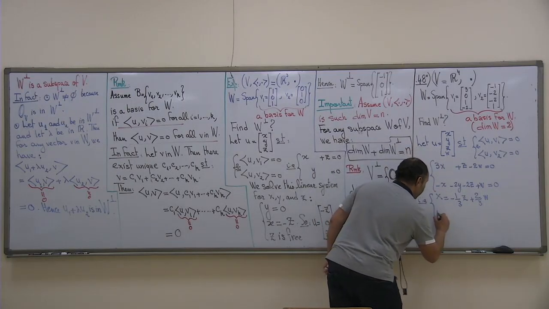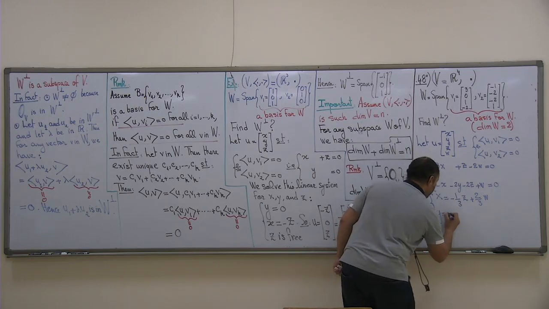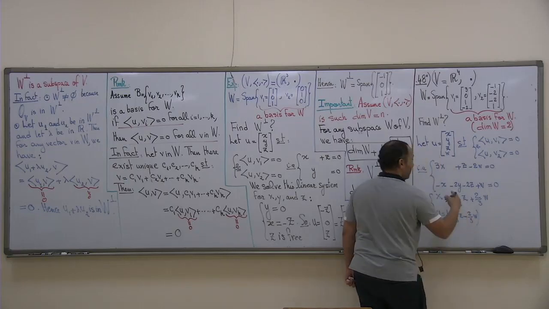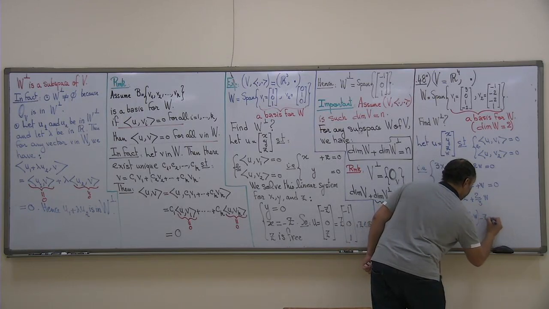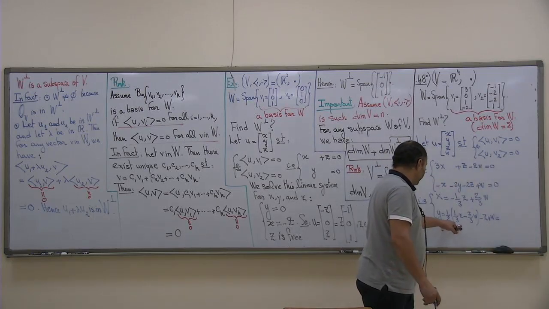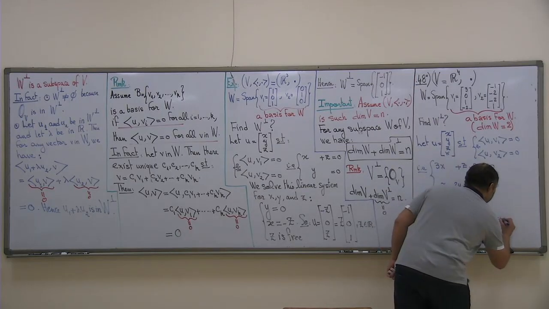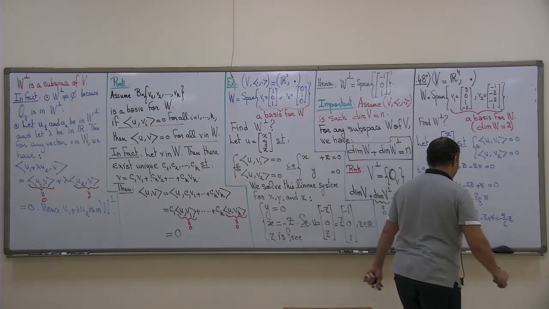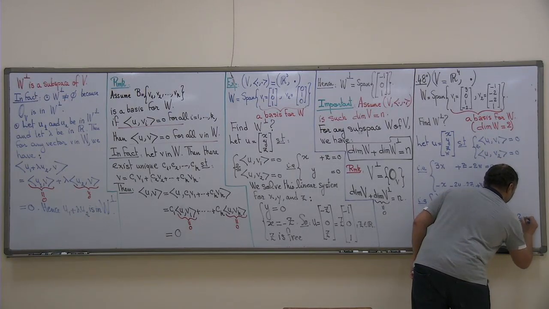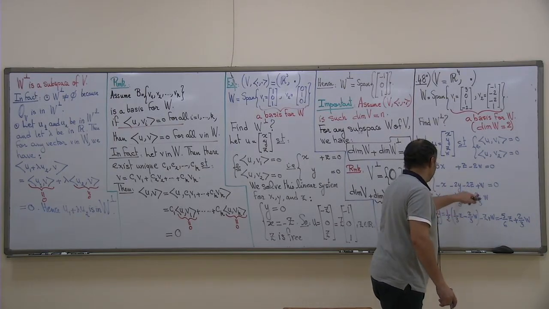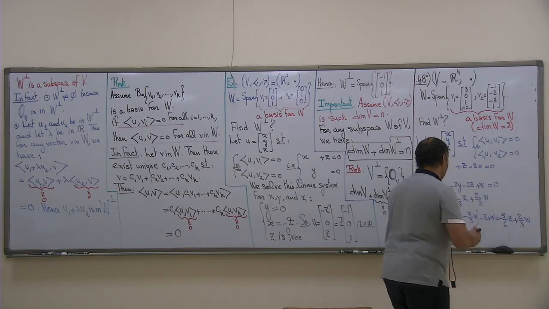That gives me y equals 1/2 times the quantity minus x, which is 1/3 of z minus 2/3 of w, minus z plus w. So let's clean this up.